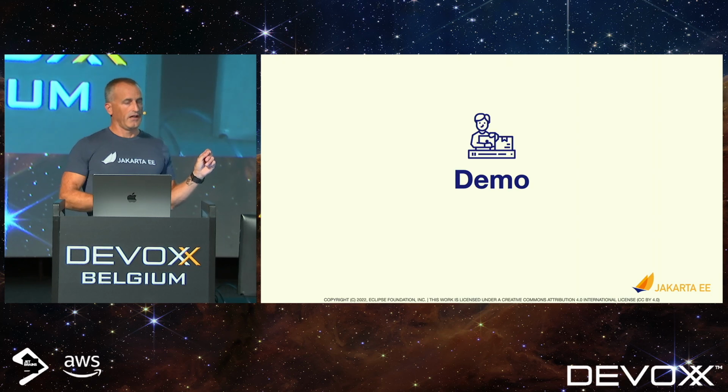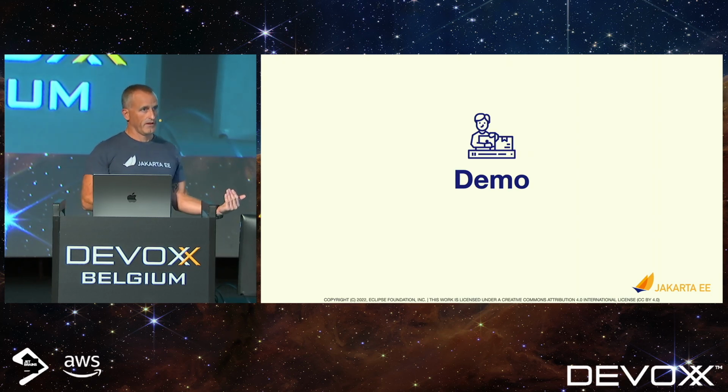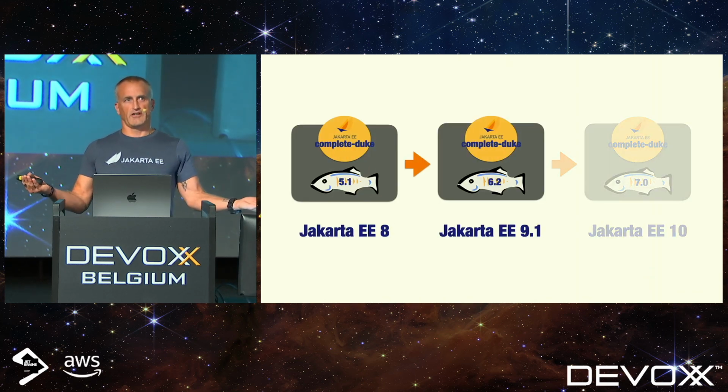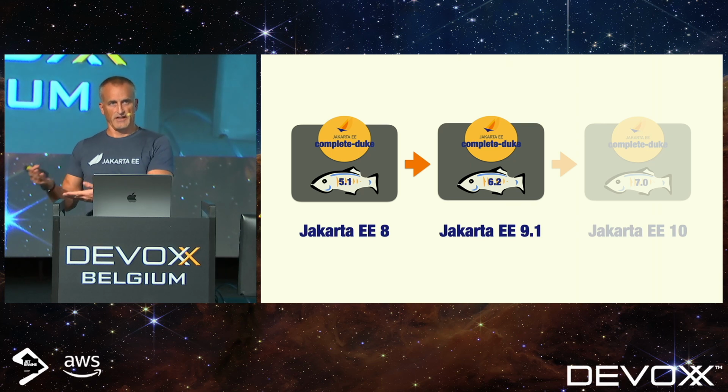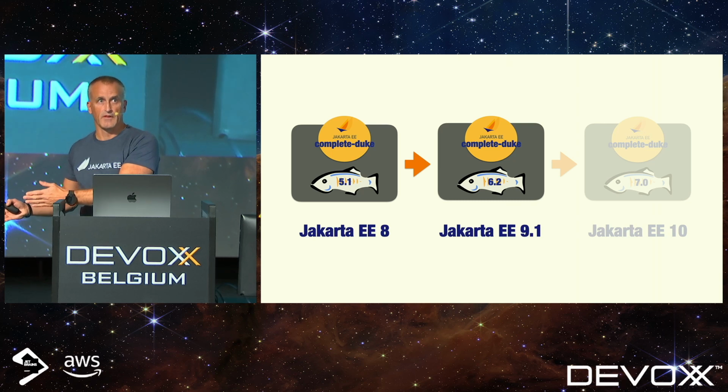The first demo I'll do is to take a step back. Because most of you are probably not on Jakarta EE 9 or 10 yet, I'm going to take a step back to Java EE 8 or Jakarta EE 8 and show how you can get over to 9 and 10.